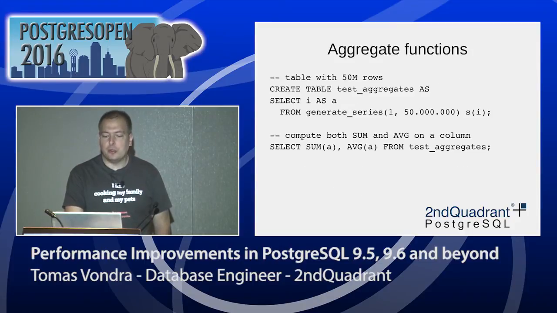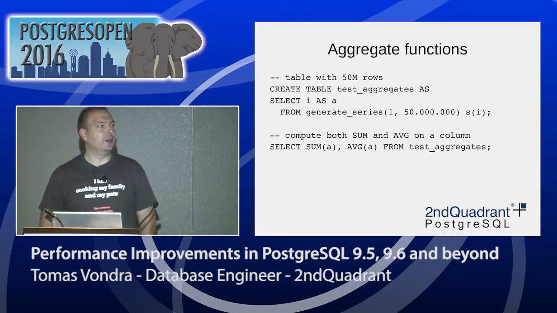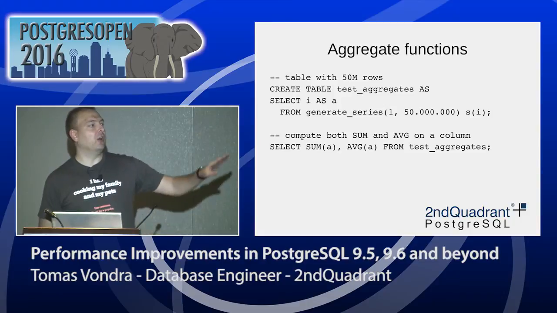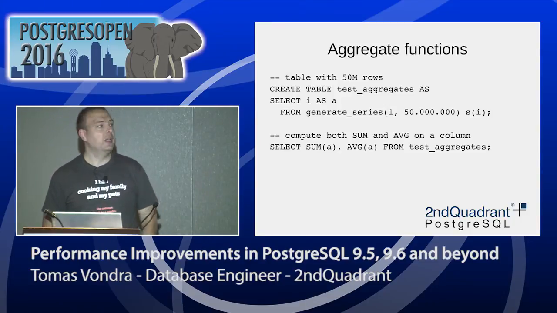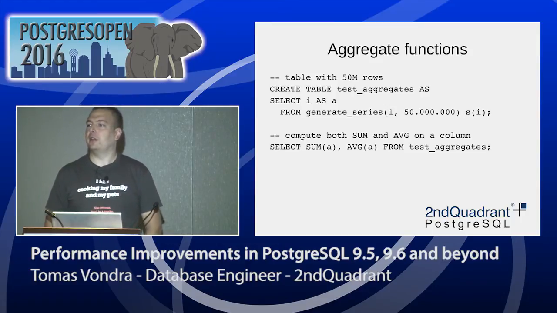And to show you that, I will use a simple table again, generated with 50 million rows. And instead of a single aggregate function, I will use 2 aggregate functions that actually can share the internal state, right?